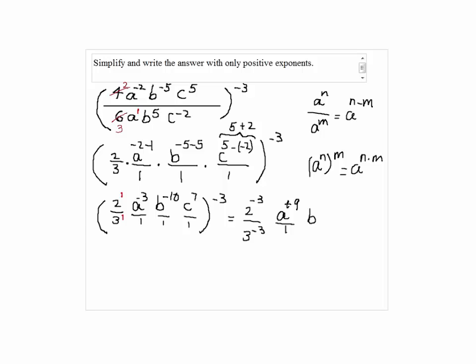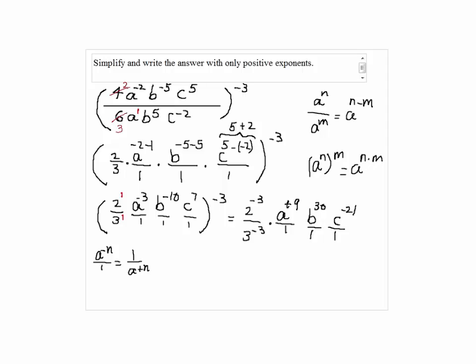And here I get a to the power of negative 3 times negative 3 would be positive 9. And then we have b to the power of negative 10 times negative 3 would be positive 30. And c to the power of 7 times negative 3, negative 21.